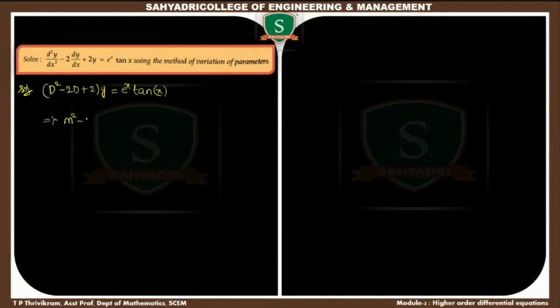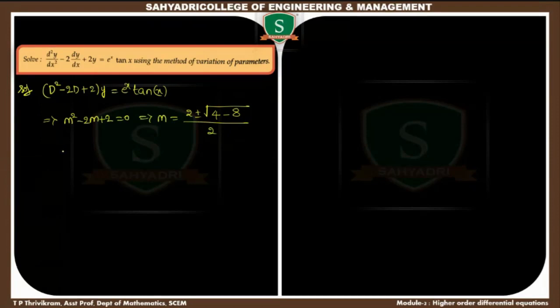m square minus 2m plus 2 equal to 0 implies m is equal to 2 plus or minus root of 4 minus 4ac, which is 8, divided by 2.